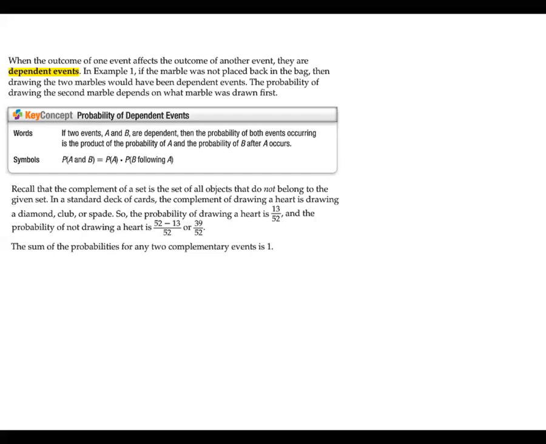And if you put those 2 piles together, you would get all the cards. You could do the same thing with any other feature of the cards. You could say, what's the complement of drawing a red card? That'd be drawing a black card. Well, if you put all the red cards and all the black cards together, you'd have all the cards. And the reason the sum of the probabilities of complementary events is 1 is because 1 represents 100% of the outcomes.